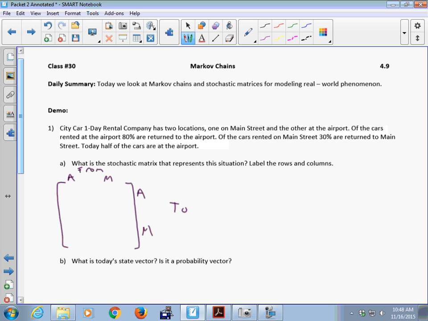If you rent from the airport, what percentage gets returned to the airport? 80%. Renting from the airport, what percentage gets returned to Main Street? 20%. Right, so if you rent from the airport, 80% gets returned to the airport, which means 20% ends up being returned to Main Street.